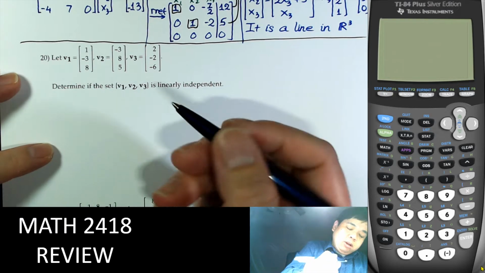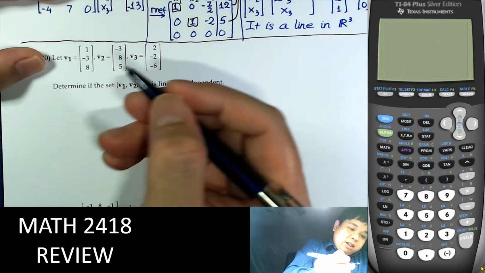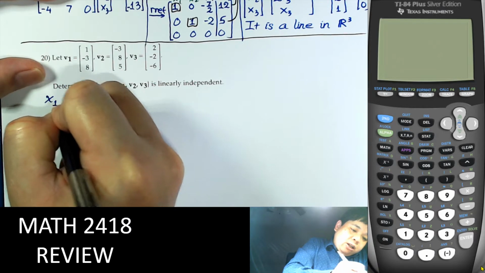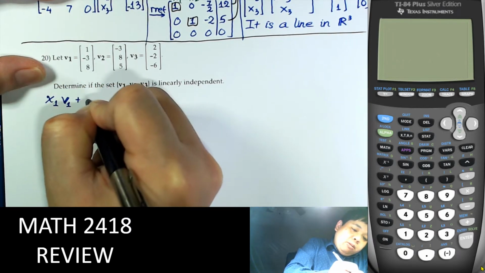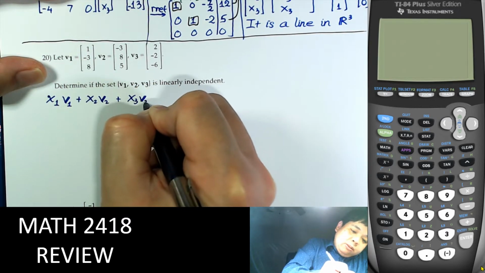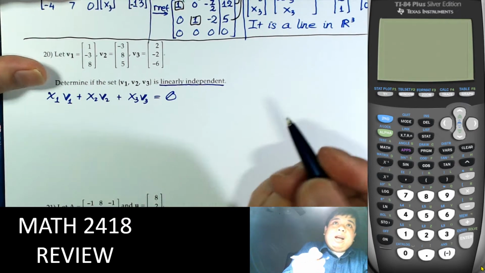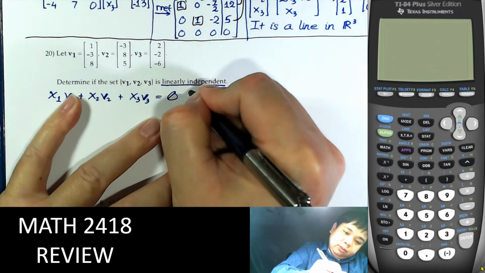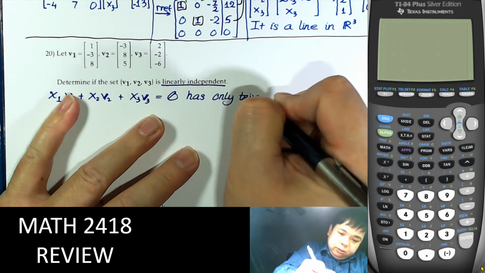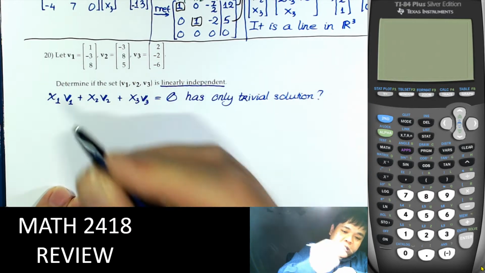Right, so in that case, what I will write is, if we have the system, let's say x1 v1 plus x2 v2 plus x3 v3 equal to 0, it is linearly independent if this one has only the trivial solution. So we're going to check that.